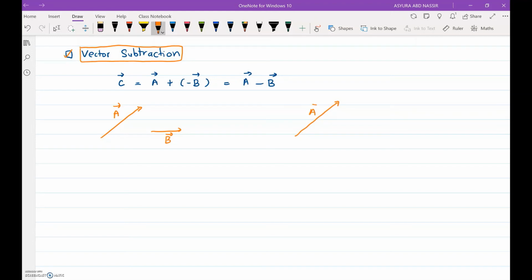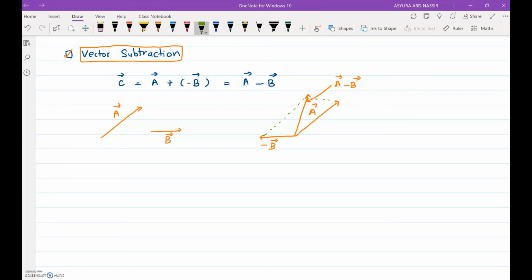So vector A plus the negative of B, meaning you will get the opposite direction. So your A minus B will be here. This one will be your A minus B. For this one, we use the parallelogram law.